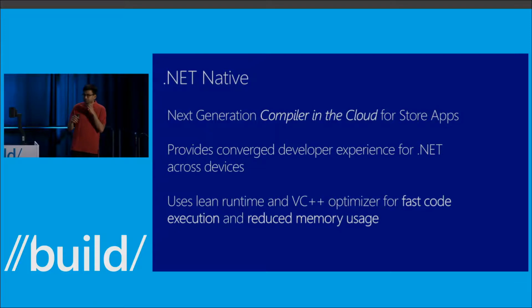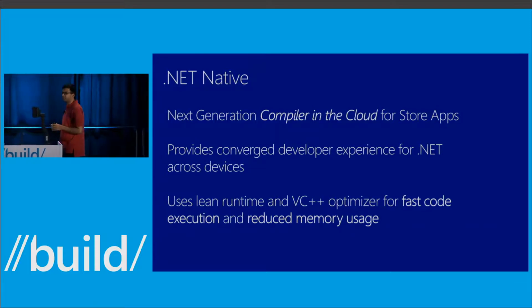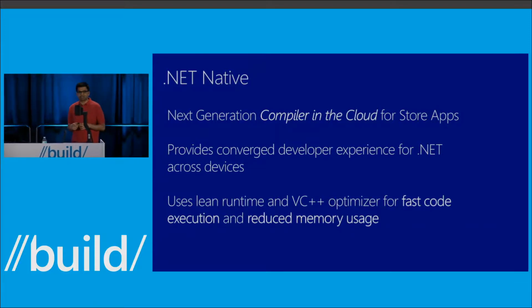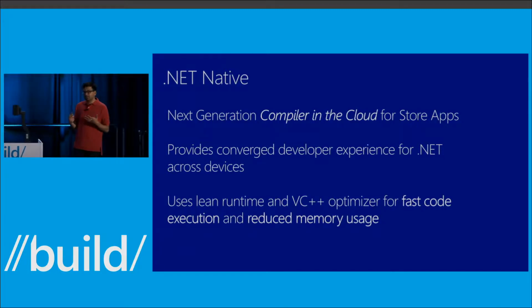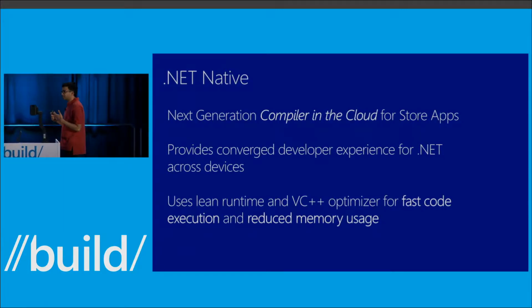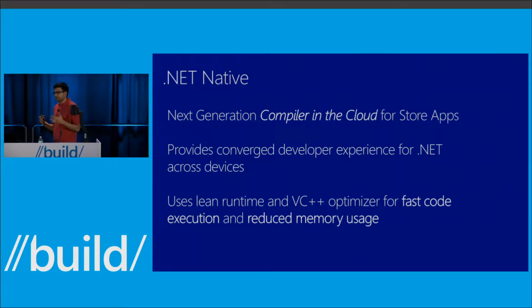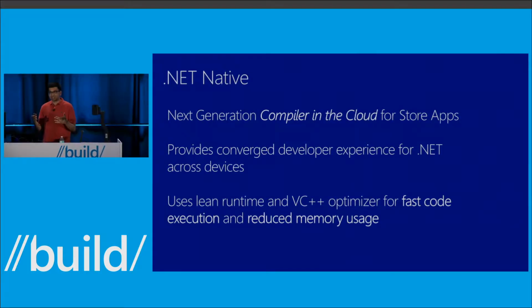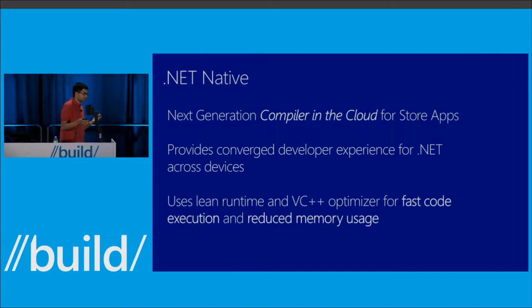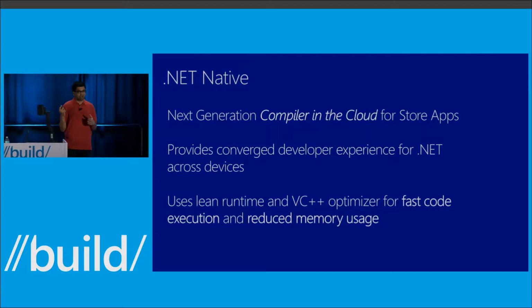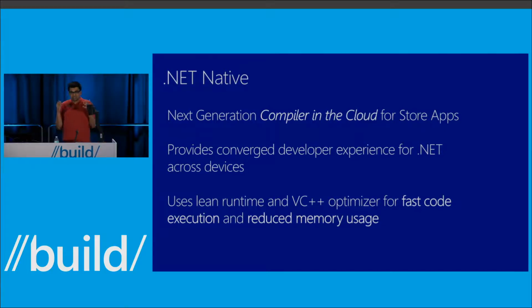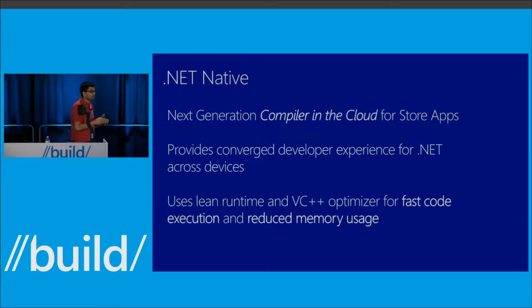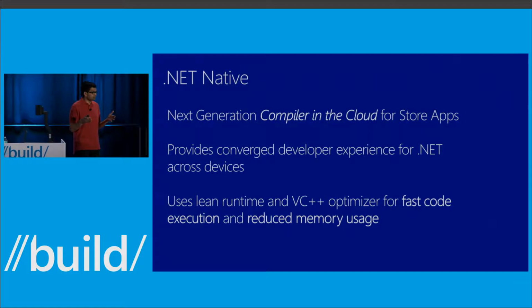So just for the remainder of the folks, let me take a couple of minutes to recap what .NET Native is. It's our next generation of compiler technologies for .NET that allows us to compile .NET applications down to the actual bits, be that x86 or x64 or ARM, in the cloud. It allows us to provide a converged, consistent set of experiences across all devices that run Windows 10.